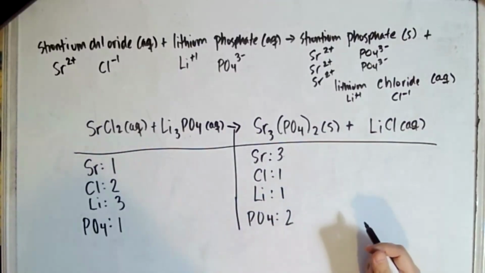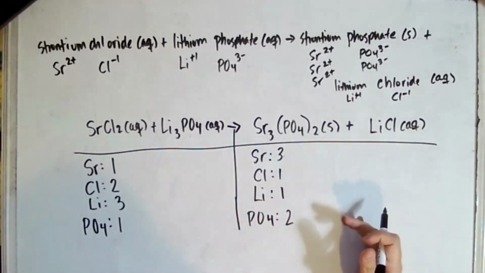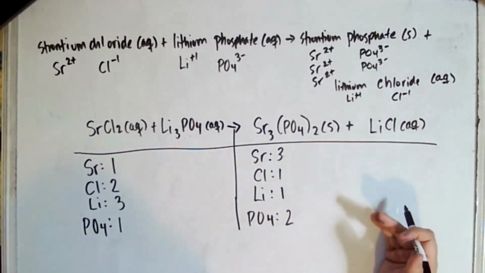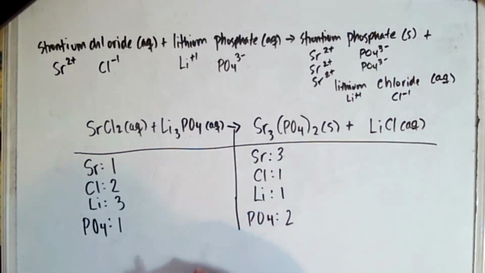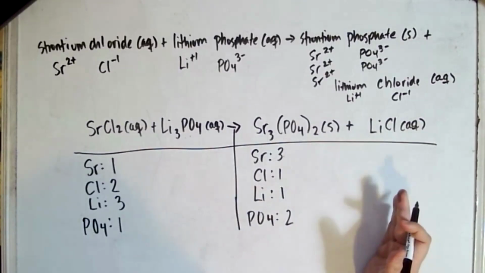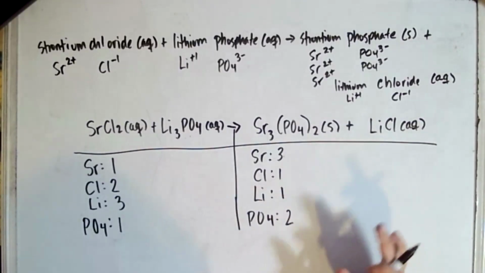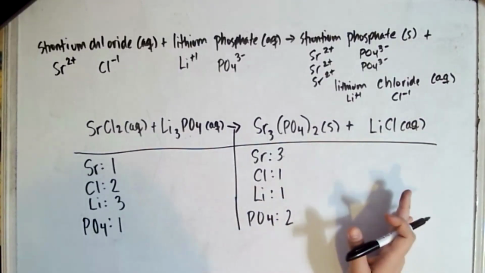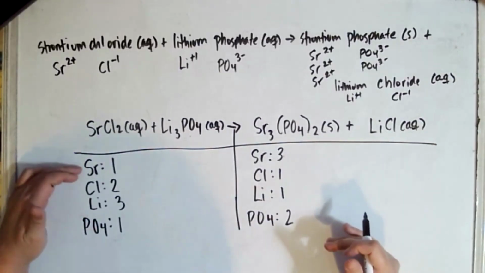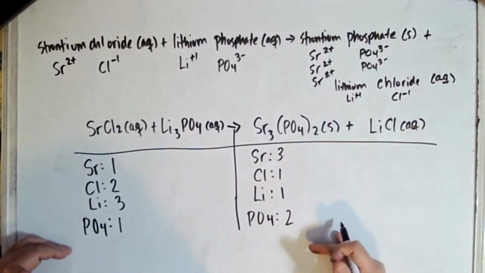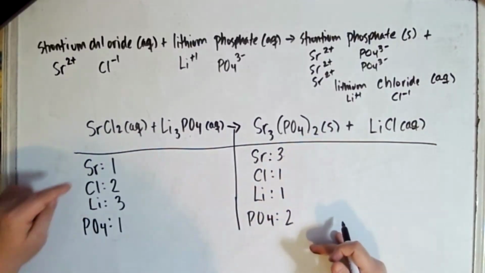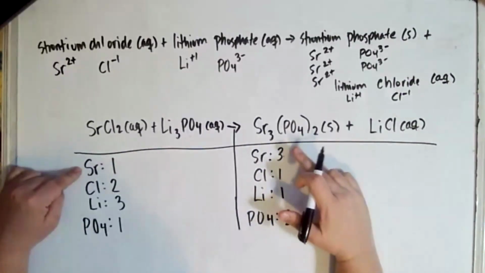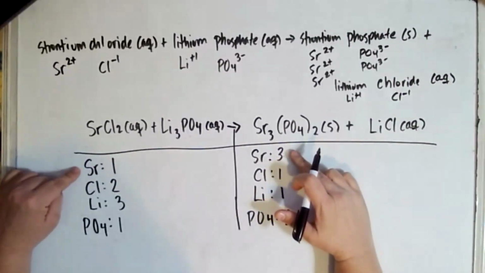In a reaction like this one, where everything is part of a compound and nothing is by itself, there are no free elements here, so it doesn't really matter where you start. I'm going to start at the top and work my way down and try to keep everything balanced. I'm going to start with my strontiums, and I see this mismatch.